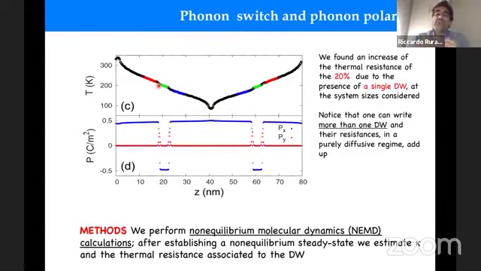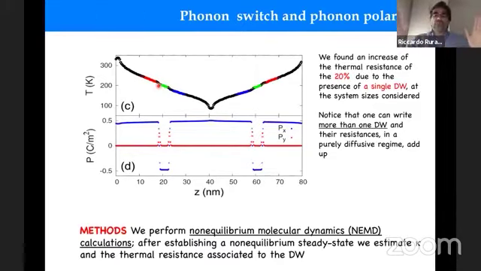And so the total resistance is not twice that of one single domain wall, but more like 1.4, 1.5. So you have a little bit of a trade-off when you design your system, because if the domain walls are very separate, indeed you have an interface resistance which increases linearly with the number of domain walls, which is what you want.